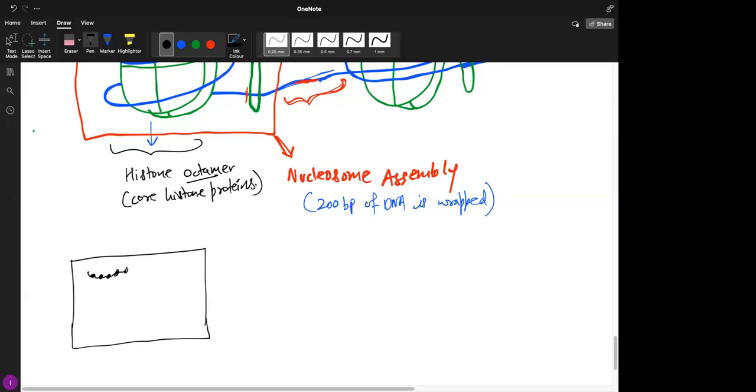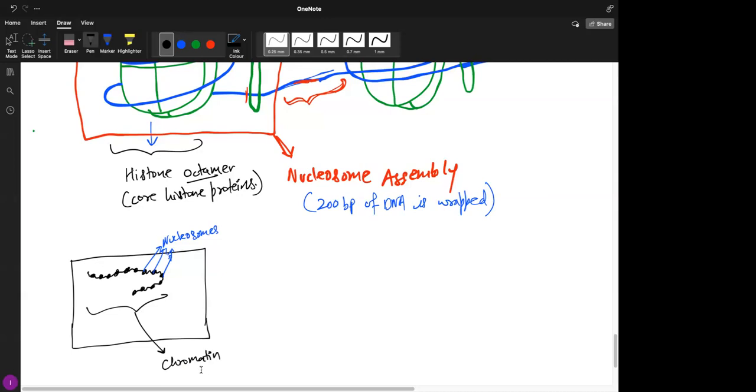Can you tell me what the bead-like structure is? These beads are nothing but nucleosomes, multiple nucleosomes. Do you understand? And this whole molecule we call chromatin.